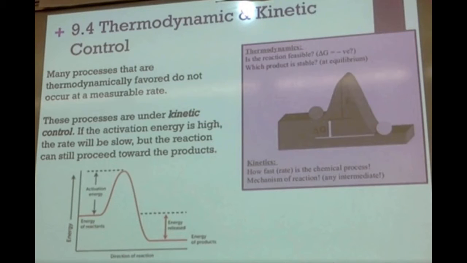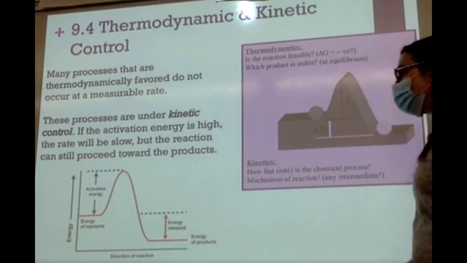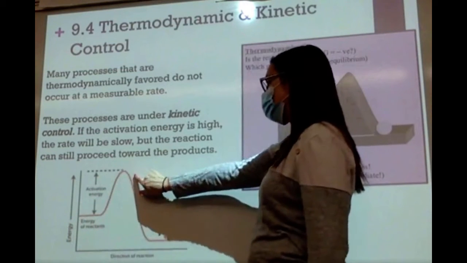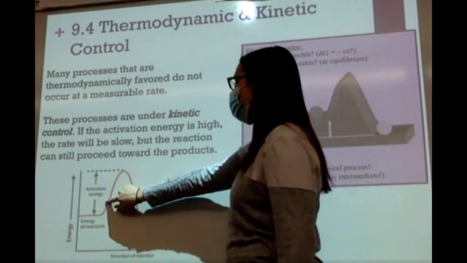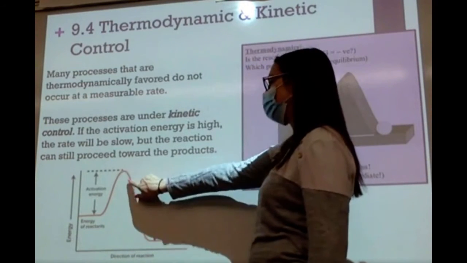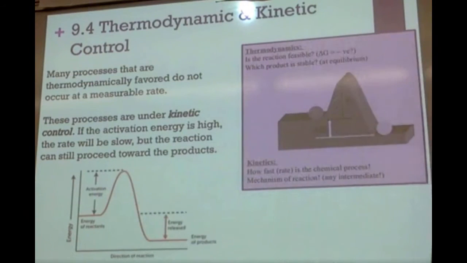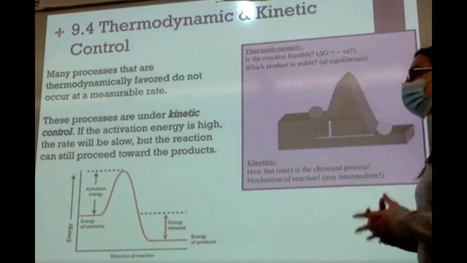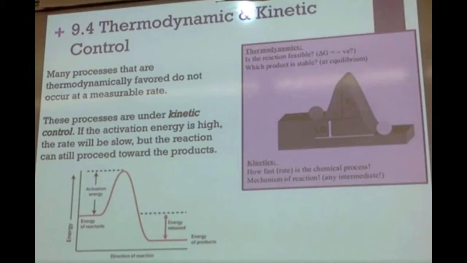If a process has a high activation energy, even though the reaction is favored, it's going to be slow because the reactants need to overcome the high activation energy in order to form products. That is all that topic 4 covers. If a process is thermodynamically favored but is slow, it's due to a high activation energy.